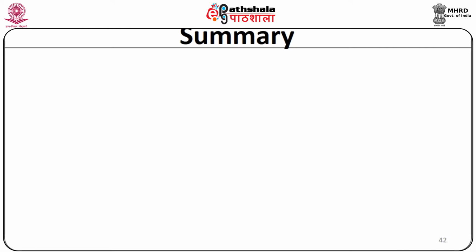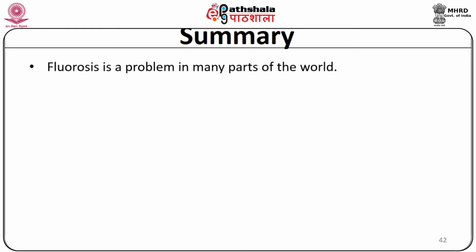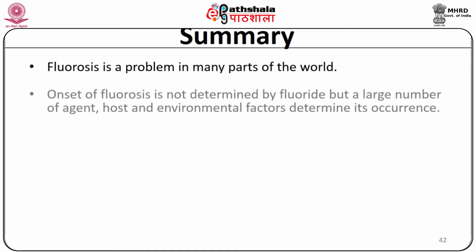Finally, coming to the summary part, I would like to conclude the entire discussion. We identified that fluorosis is an important problem in many parts of the world. There are many areas in the country, particularly in India, where fluorosis has become endemic, and it is becoming a serious problem nowadays.